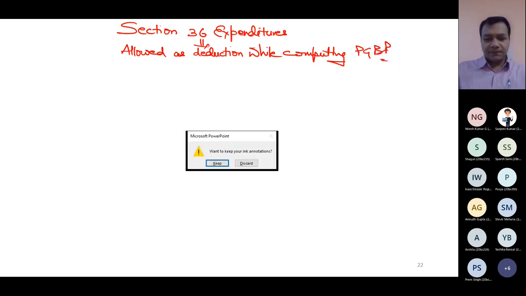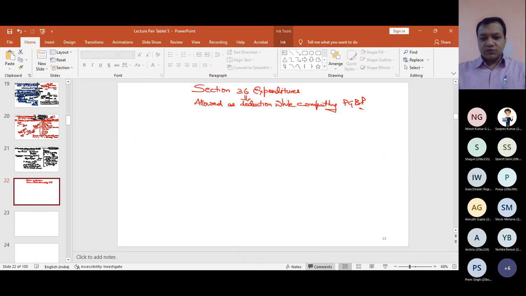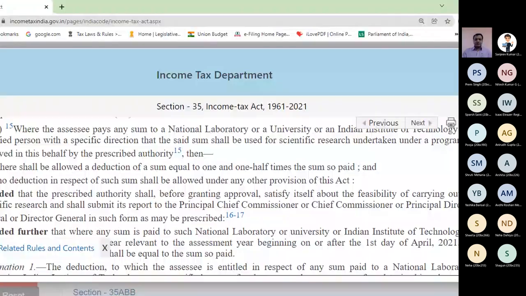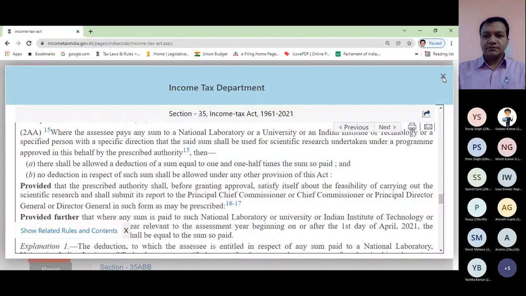Again, let me show you the Act. So let us come to the Income Tax Act. Let us move to section 36.